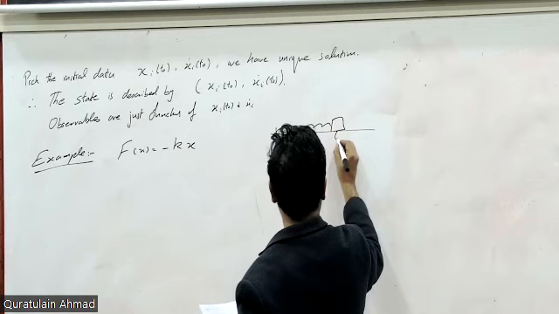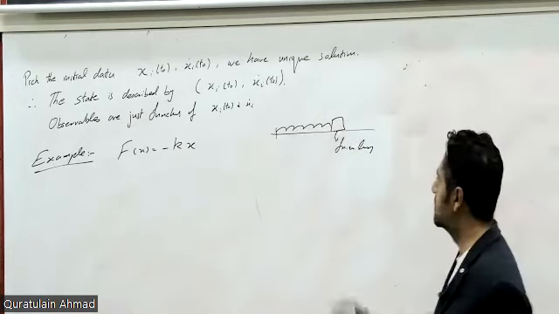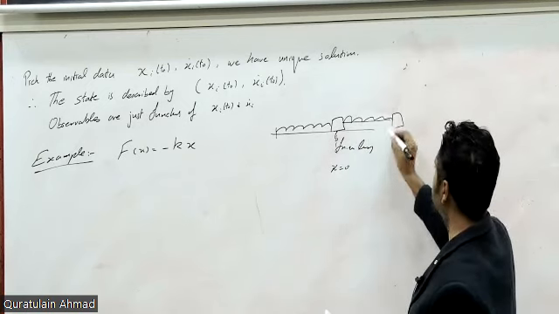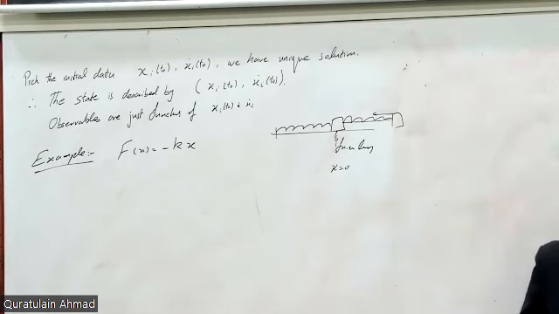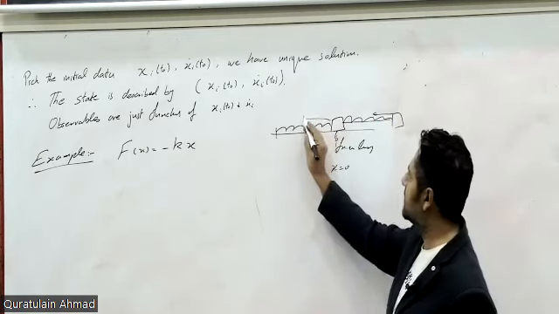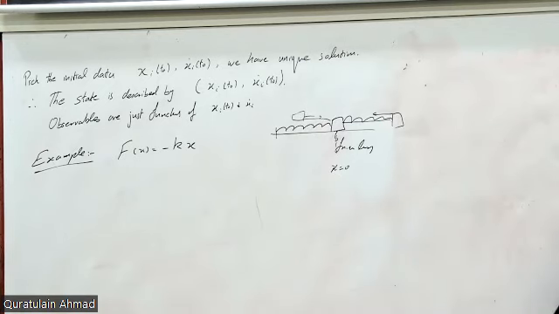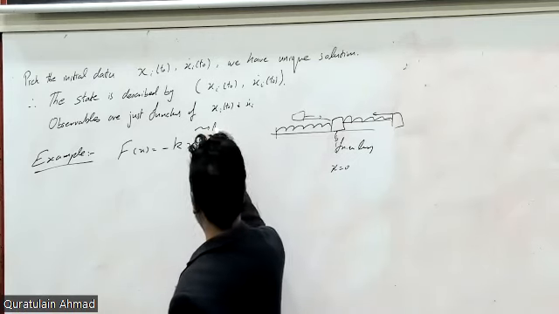This is frictionless, so maybe very smooth, and this is attached to a spring. This is the equilibrium position, I'm calling it 0. If I stretch it, the spring is going to pull it back. And if I compress it, the spring pushes it back. So I'm modeling it with this force. This is modeling.